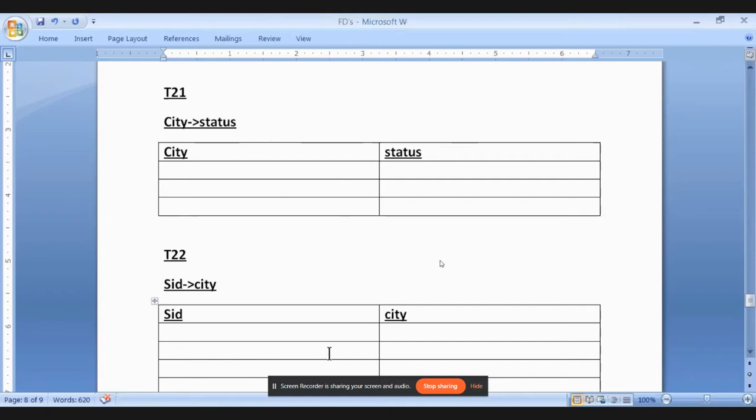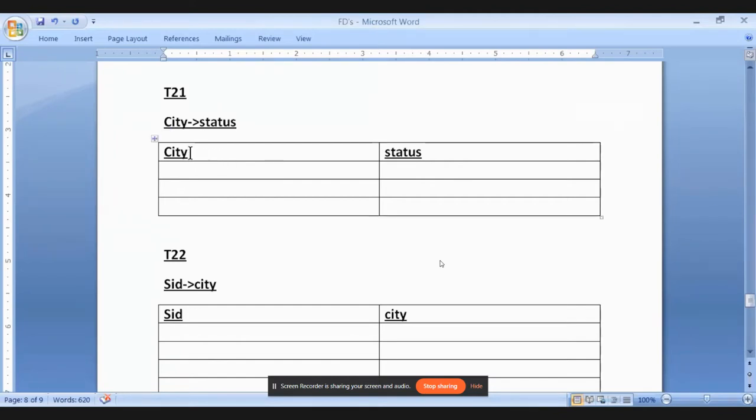Is the decomposition lossy or lossless? Who is the candidate key of this relation, T21? Ma'am, city. City, because city is determining status and city will determine itself.